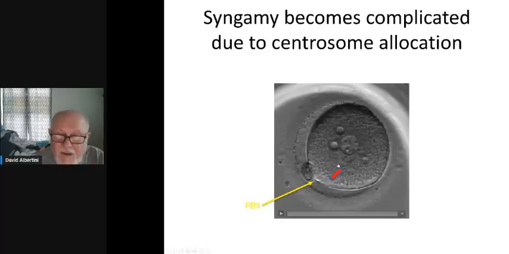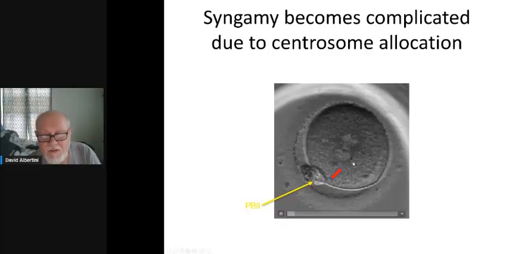And understand now that, of course, the cortical reaction would have taken place by this point. The zona would be modified. But importantly, this asynchronous migration between the pronuclei is commonly thought to underscore the various genetic abnormalities that we see during early human development.